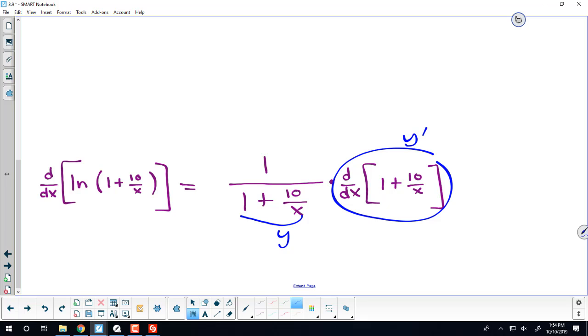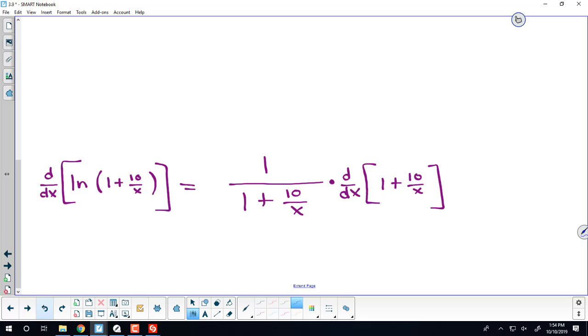It's just our y in this instance takes a different form. So if you're saying the derivative of ln of y is y prime over y, you already know how to take the derivative of that. It's just you've got to make these connections when it's different, because these things on the inside could be anything, right? It could be just a big, giant, nasty looking function, but the process to take the derivative is exactly the same.